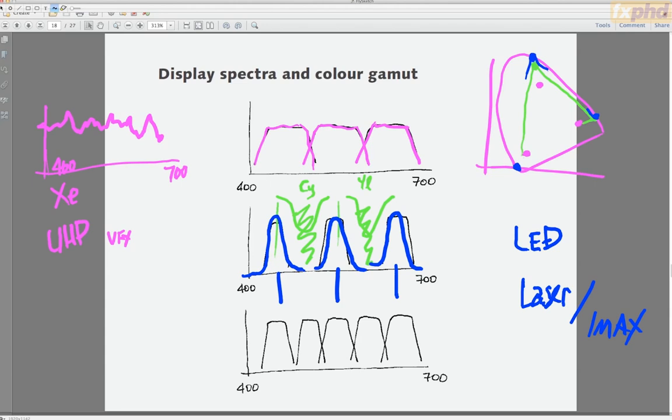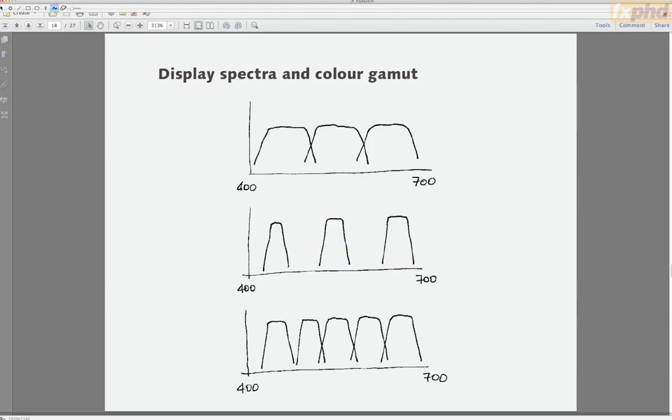Now, when you look at this diagram, I want you to start thinking about what if we had camera spectral sensitivities that looked like that. And even though this sort of scheme works perfectly well on a display, this does not work for a camera, because we cannot have a camera that's missing complete bands of the spectrum.